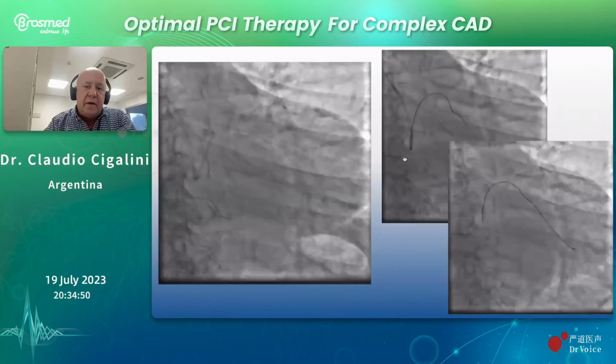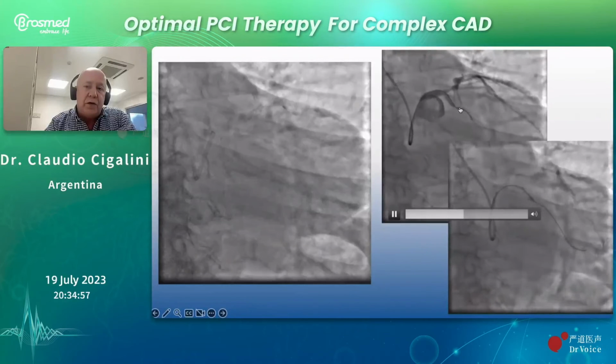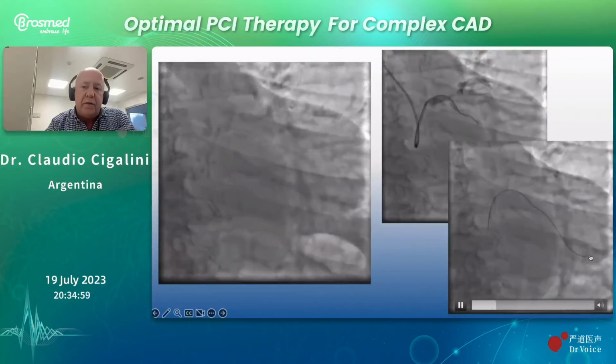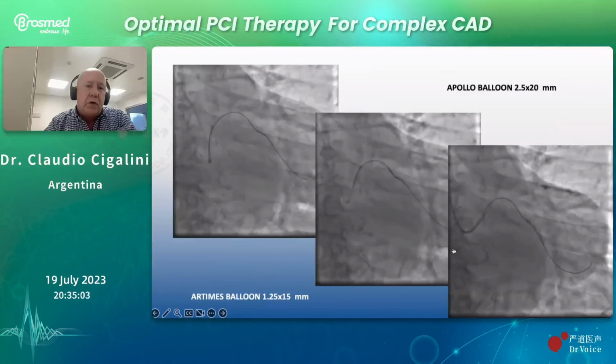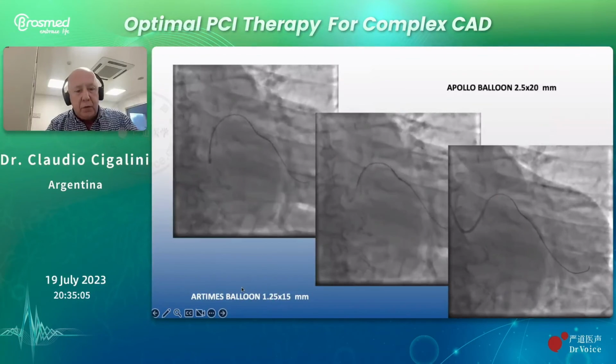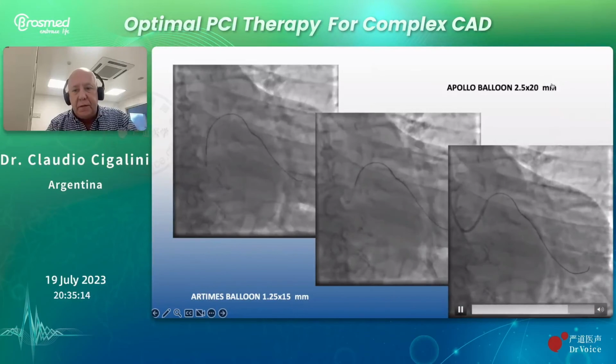In the same procedure, we treated the left circumflex. We had some difficulty to cross the lesion, so we had to go with a CTO wire. We could cross with a balloon, 1.25 by 15 millimeters.